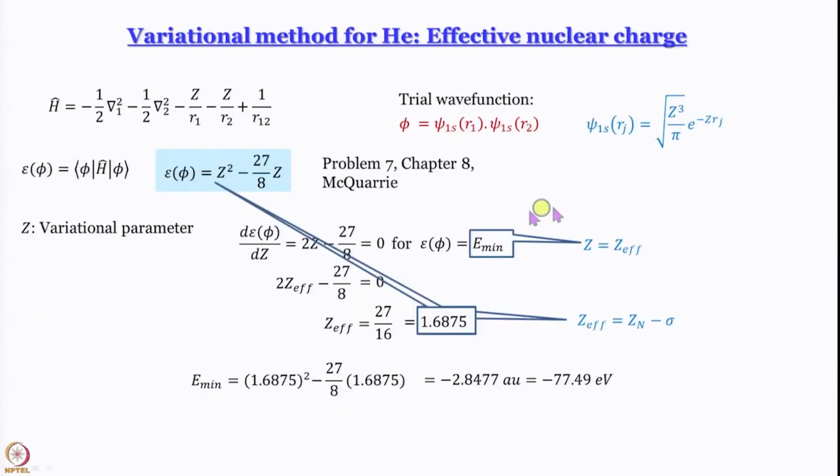Okay. So far what we have been able to achieve is that by using a variational method for helium, we have been able to reach what we had talked about earlier, the effective nuclear charge. We had written down our Hamiltonian in atomic units, and the trial wave function that we are using is very simple. It is the same kind of wave function that we encountered during orbital approximation.